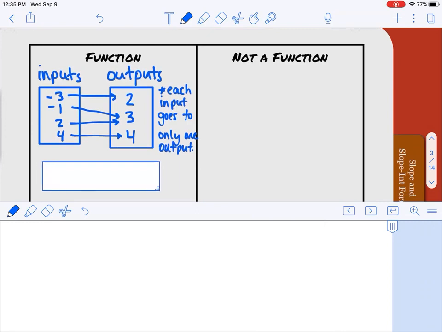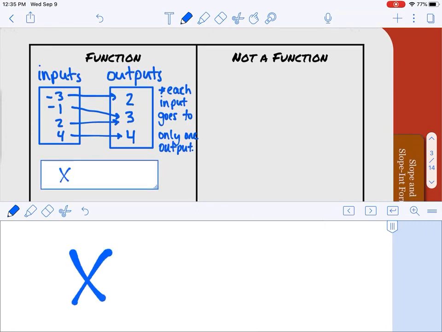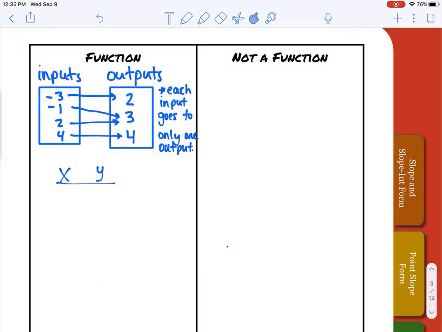Okay? Now, we also can do something similar with t-tables. I'm going to use different numbers to demonstrate. So we have 1, -1, 2, 4, 5, 4, and 7, 8.